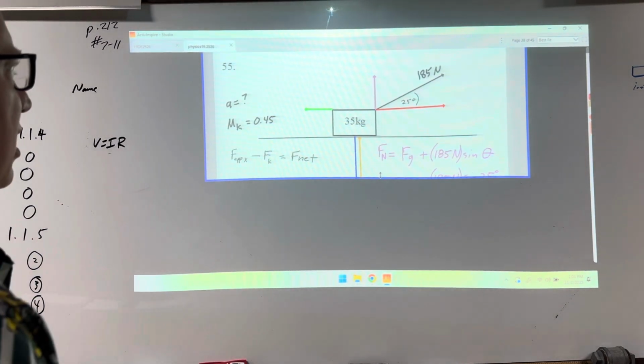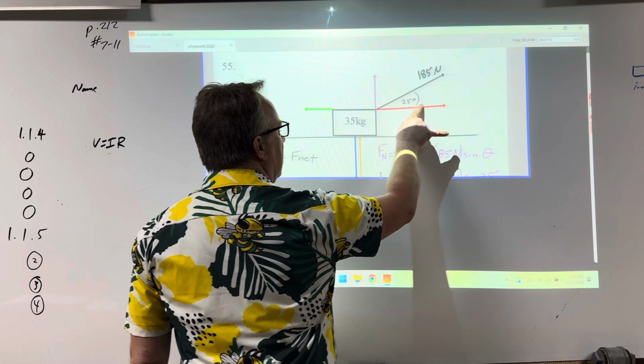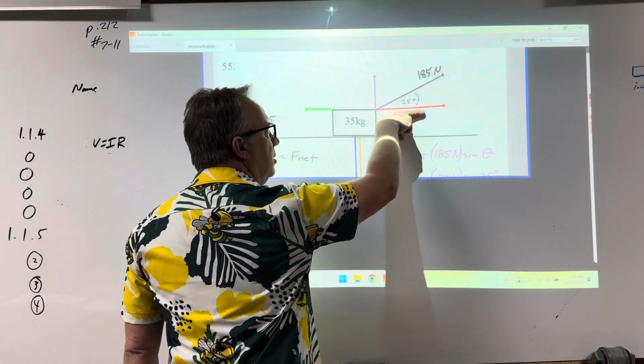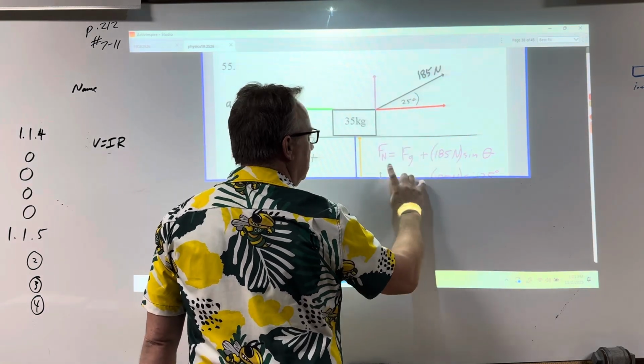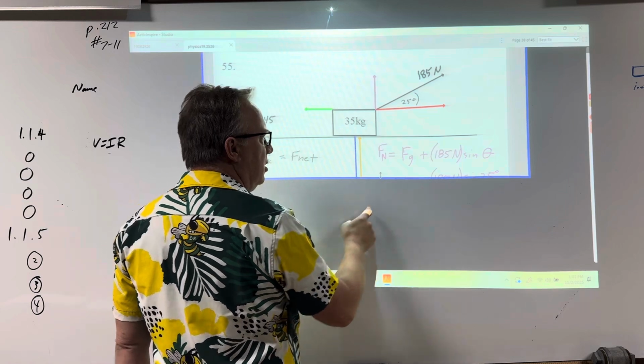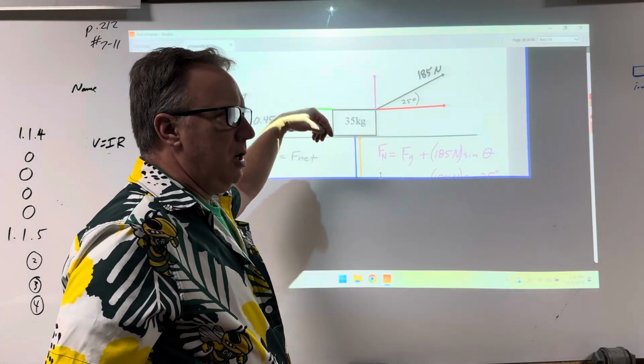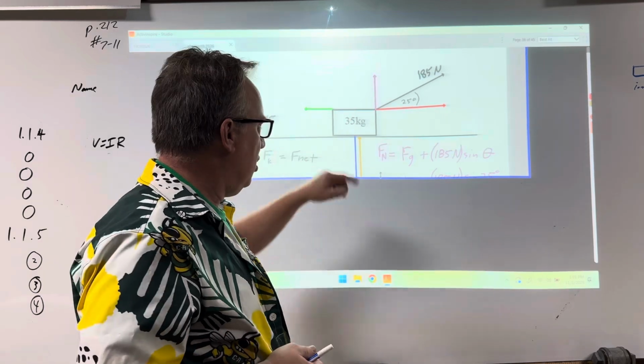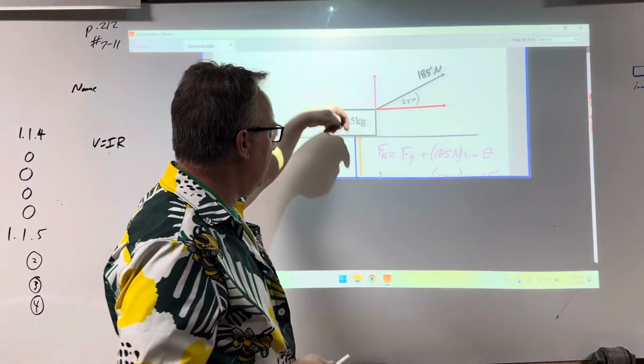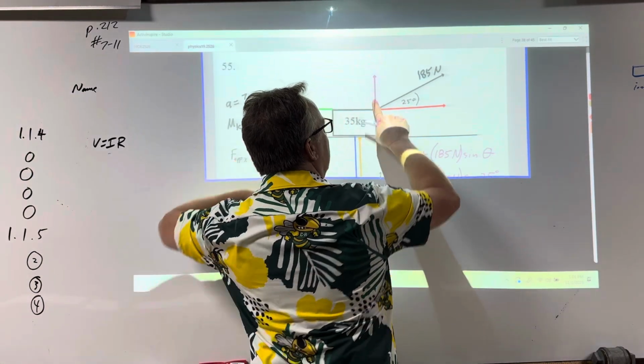So you've got an applied force, which is from the red one here, which is what? Cosine, and a friction. But you also need a normal force to calculate friction. And the normal force is a combination of weight plus that.